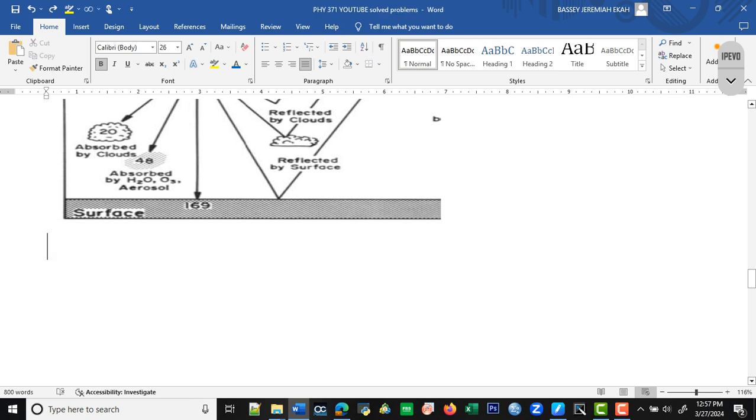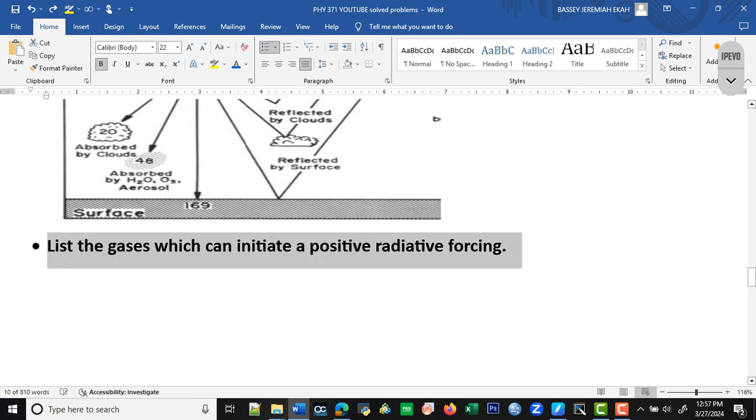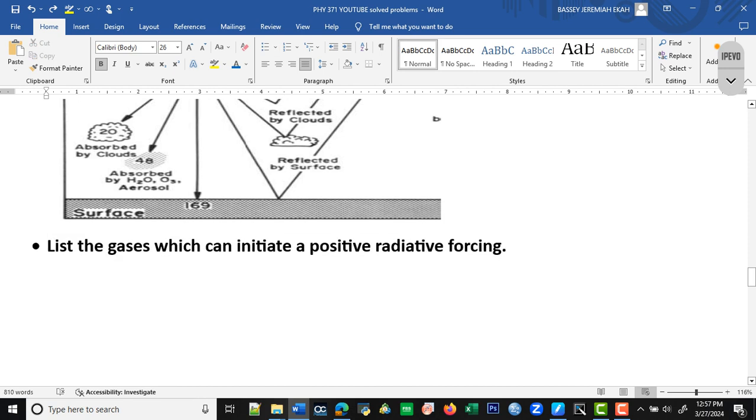The next question says, list the gases which can initiate a positive radiative forcing. We may have positive radiative forcing, we may have negative radiative forcing.